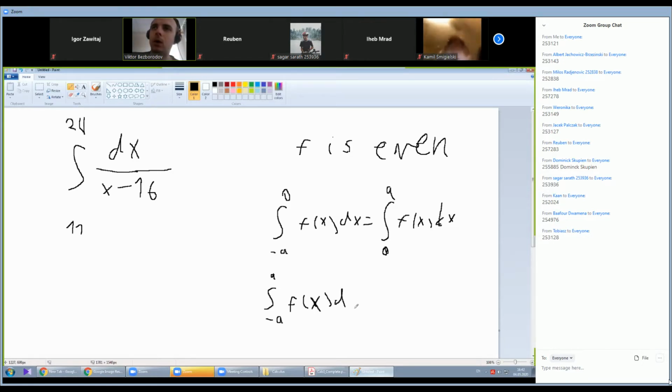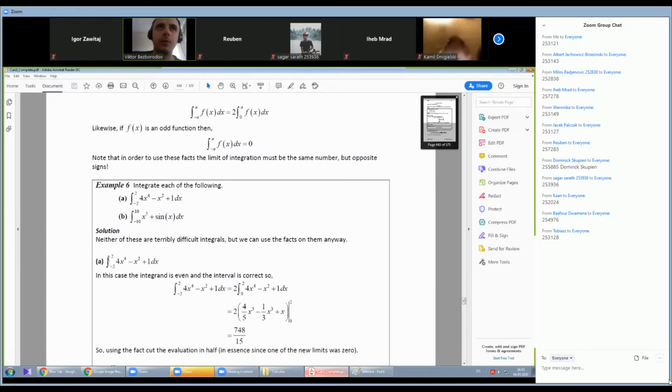Now, admittedly, it may not be too much of a simplification, but still I think it's nice. Okay, and here they use this formula for the first. So this is an even function, and so they just replace this integral from -2 to 2, and it should be -2 and 2.